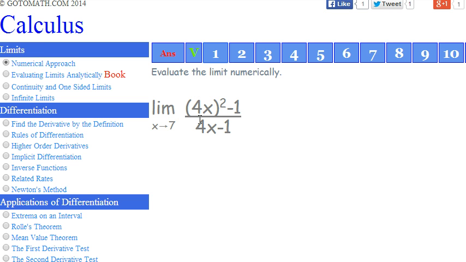Alright, let's take a look at this problem here. We have the limit as x approaches 7 of 4x quantity squared minus 1 over 4x minus 1. And we are approaching 7, so remember we're going to come in from the right and we're going to come in from the left.